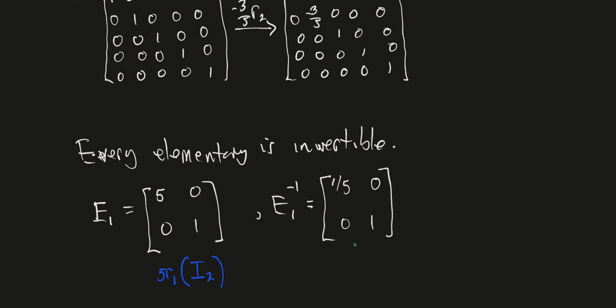So the operation here for this one would be 1/5 R1, again applied to I2, right? So essentially these two elementary matrices, if we were to multiply them, would essentially nullify each other, and we would be right back at the start. And that's the definition of a matrix and its inverse, right? The product will give you the identity, right?